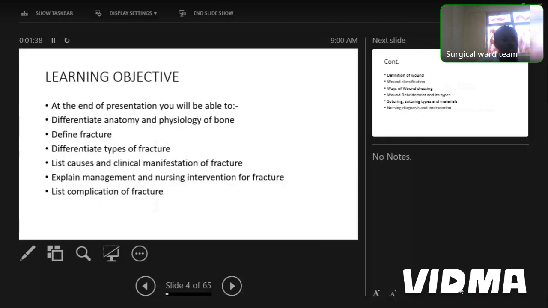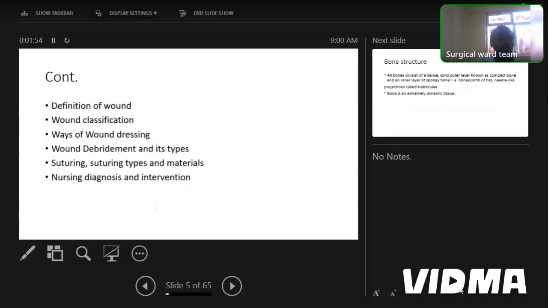At the end of this presentation, we will try to understand and differentiate the anatomy and physiology of the bone, define the fracture, differentiate types of fracture, list cause and clinical manifestation of fracture, explain management and nursing intervention for fracture, and list complication of fracture.